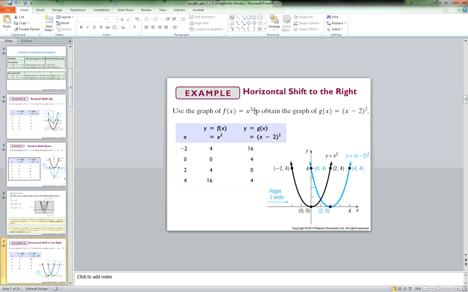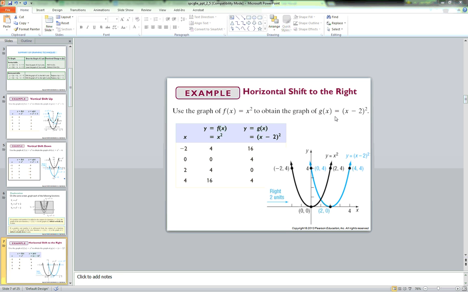All right, so we're going to explore, using our same parent function of x squared, a horizontal shift. We're going to take the x value in our parent function and replace it with x minus 2. In my mind, I always think of it as inside the function. So we replace the x squared with the x minus 2, and note the parentheses.